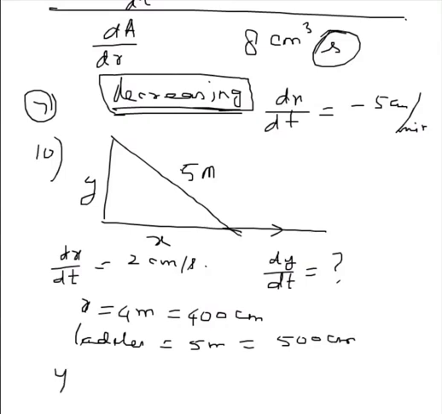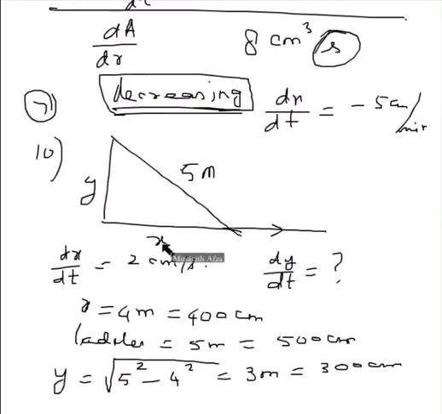Since these two quantities are given, we can calculate y using Pythagoras theorem, which is 3 meters, that is 300 centimeters. I am converting them to centimeters because dx by dt is given as 2 centimeters per second. That's the reason. Now we need a relation between x and y, so I am going to use Pythagoras theorem as it is a right triangle. We know that x square plus y square is equal to 5 square, that is 25.